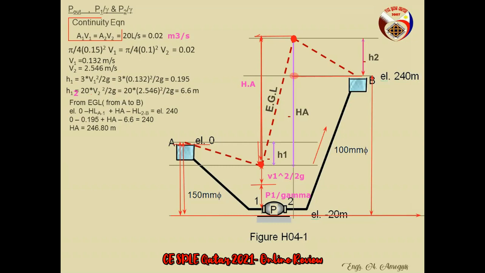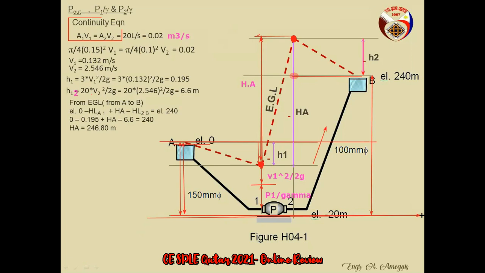Kasi ang kino-consider mo lang is yung elevation A at saka elevation B. Ngayon, saan ko ni-refer yung elevation? Of course, kasi ang pinaka-datum natin is elevation 0. Sorry. Ang pinaka-reference natin ng datum is elevation 0. Kasi di ba yung concept ng energy, kahit saan ka mag-refer ng elevation, pwede ka rin mag-refer ng elevation dito.